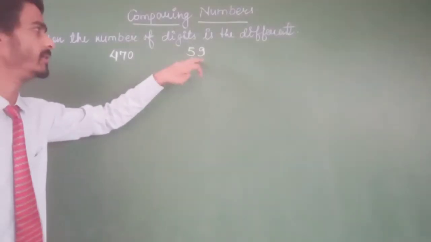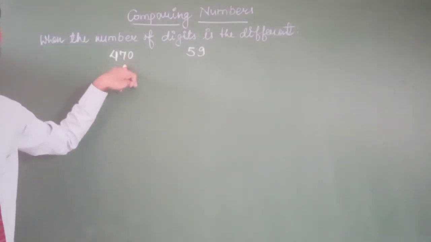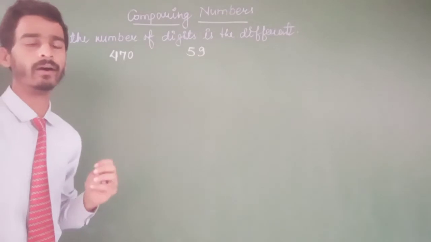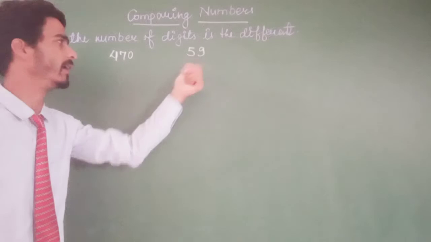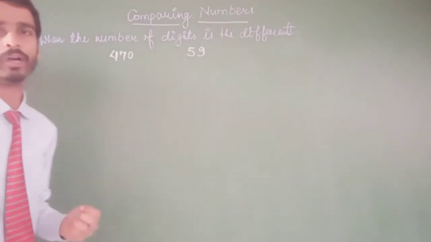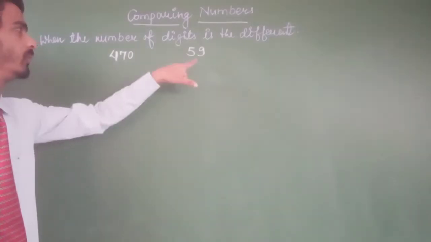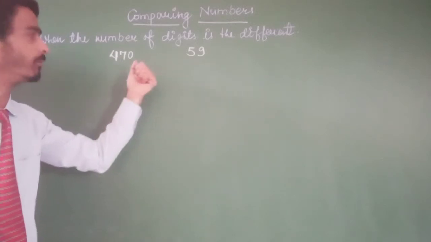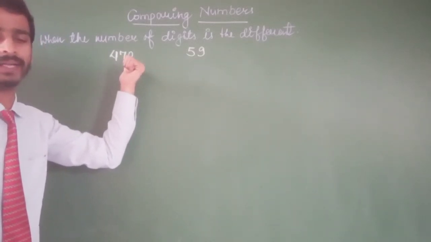So 59 is a 2-digit number and 470 is a 3-digit number. A 3-digit number is greater than a 2-digit number.